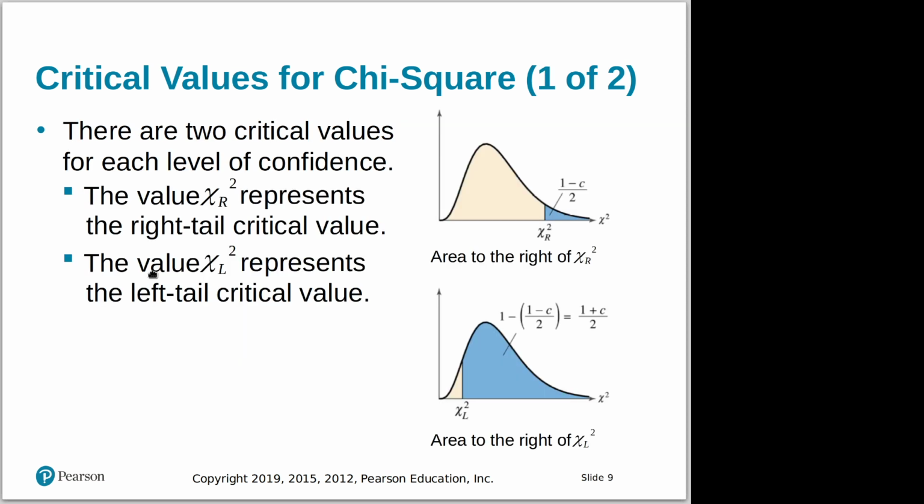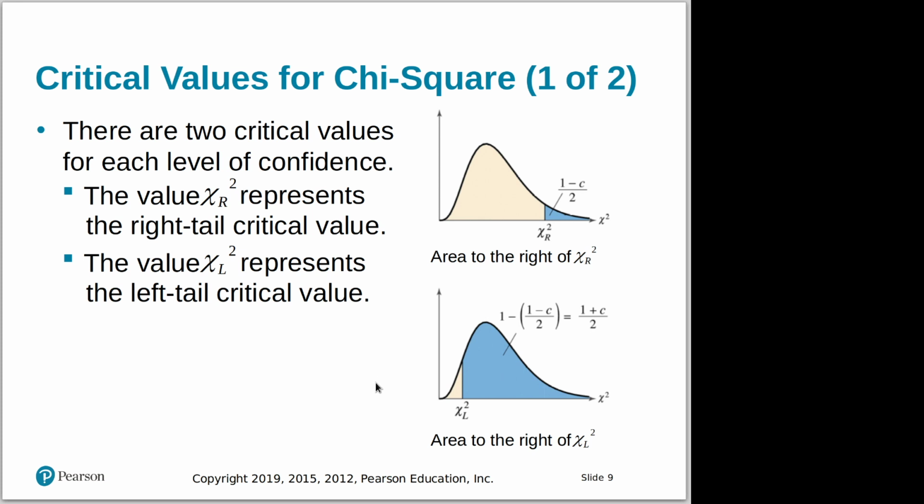Right? And so we come back and look here. Because this table reads the percentage in the blue and gives us the critical value. To get this gray bit, we need 1 minus c over 2 to get that. And that's the thing we've been doing with complements.